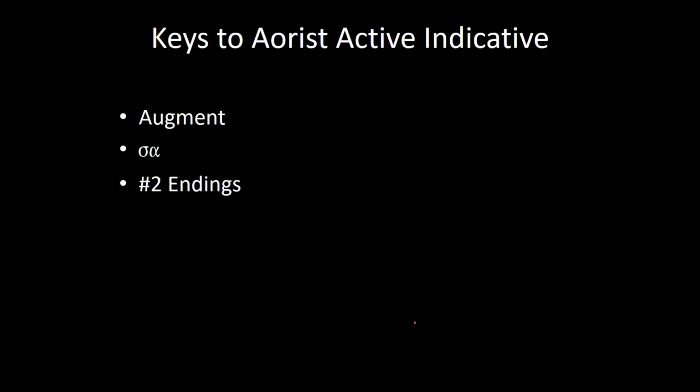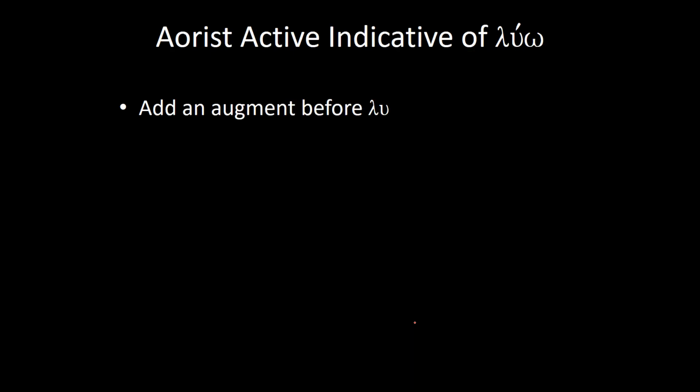Now the aorist active indicative. We've got 3 keys: augment, sigma alpha, number 2 endings. Augment, sigma alpha, number 2 endings. So we're going to put an augment before lu, and once again the augment could be an epsilon, could be a lengthening, could be no change.